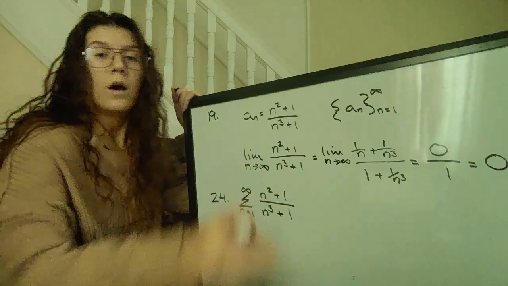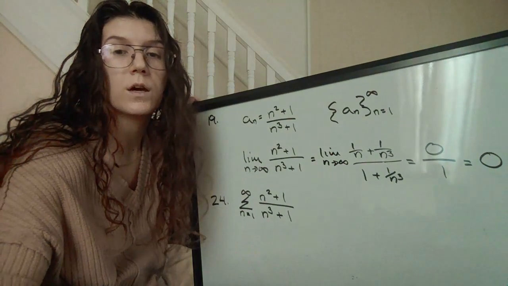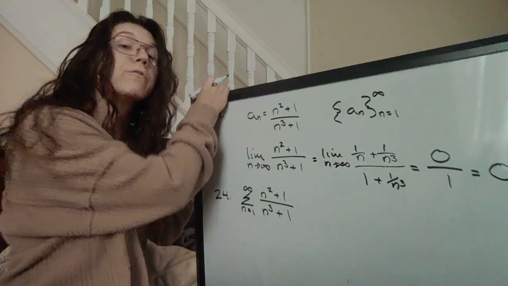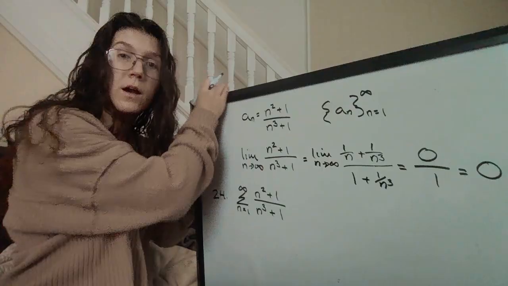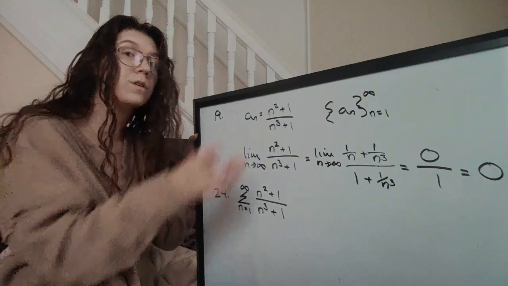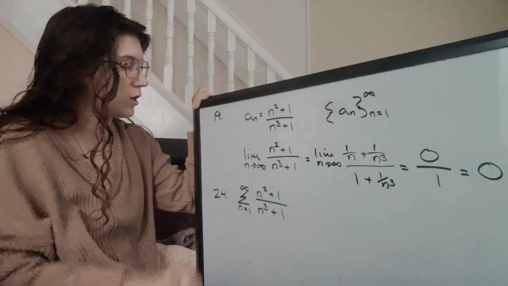The limit test is a good place to start because it tells you if things diverge. But for a series, when we're summing up these terms, it doesn't confirm whether they converge, even if the terms go to 0, because there are exceptions, and this is that kind of famous exception.